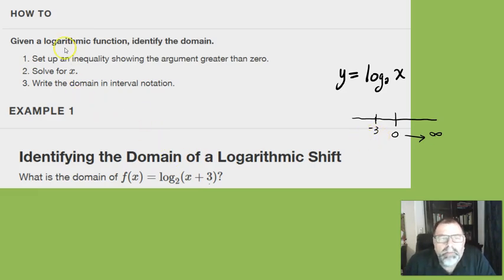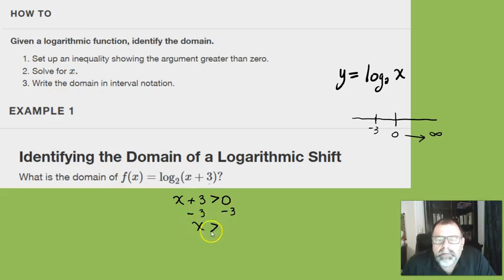Another way to do it is just the how-to up here. Set up an inequality showing the argument, that's basically the input value, has to be greater than 0. So you just set up this inequality, x plus 3 has to be greater than 0. Okay, and then you solve it for x, so you subtract 3.